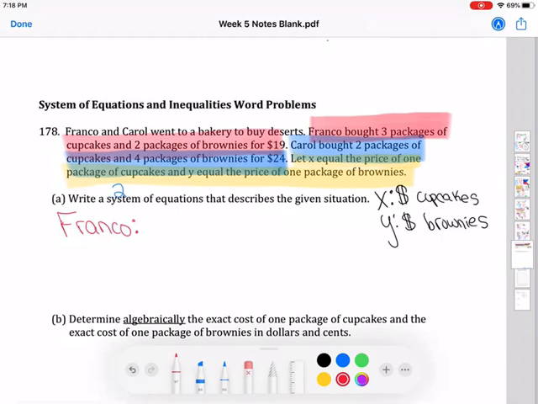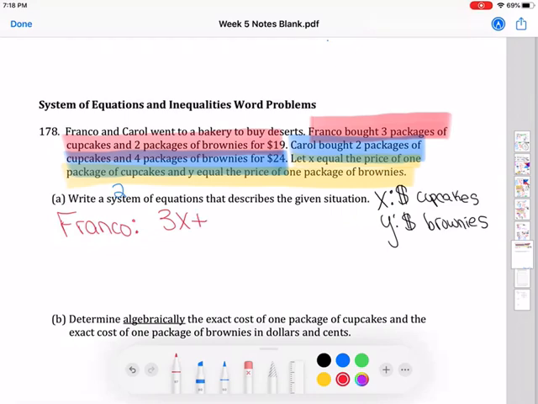Okay, so think about how this would need to be written. If Franco bought 3 packages of cupcakes and the price of cupcakes is represented by X, to figure out how much money was spent on cupcakes, you would multiply the price of the cupcake, which is X, times how many packages it was. So 3X is going to represent the 3 packages of cupcakes price.